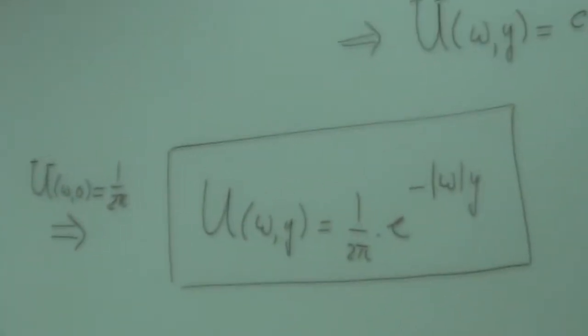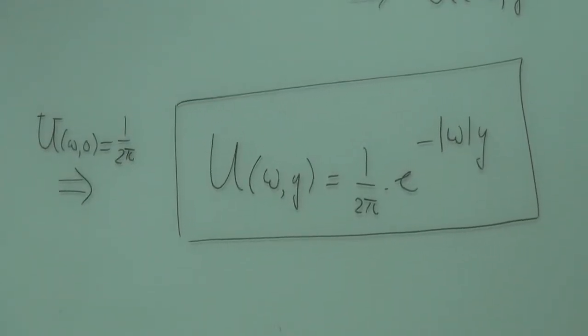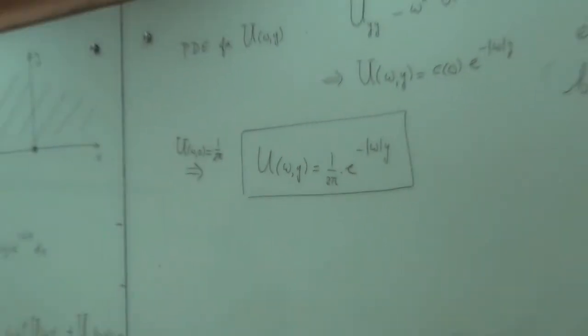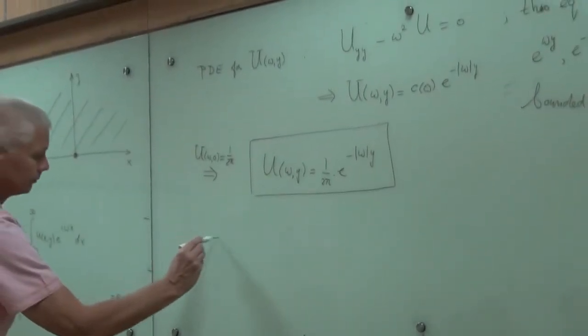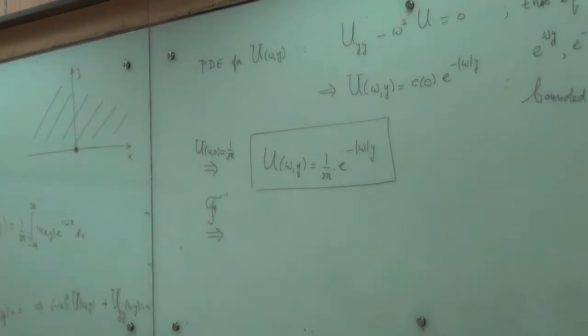Okay, so it's quite easy to solve the problem in the omega y domain. And now I have to go back, so now I have to look at the inverse transform. What's the question? No question, okay. What's the inverse?